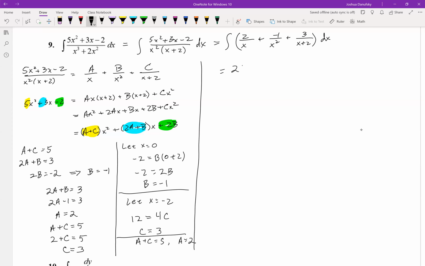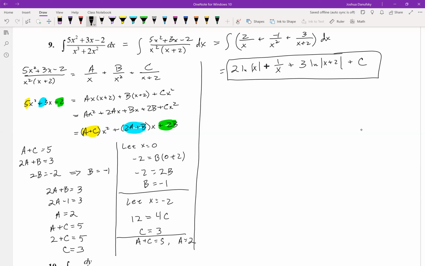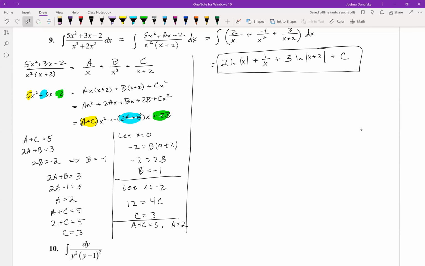We're going to get 2 ln absolute x plus 1 over x. Pause the video and check that that's been integrated correctly, plus 3 ln of absolute x plus 2 plus c. Pause the video, do number 10 in much the same way.